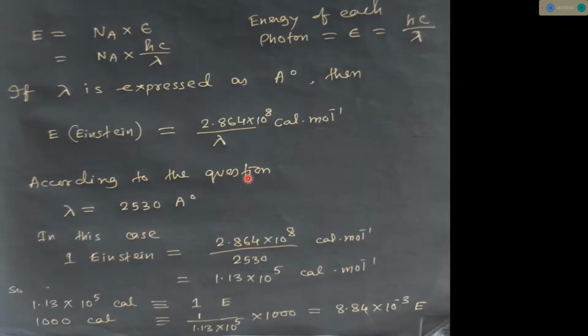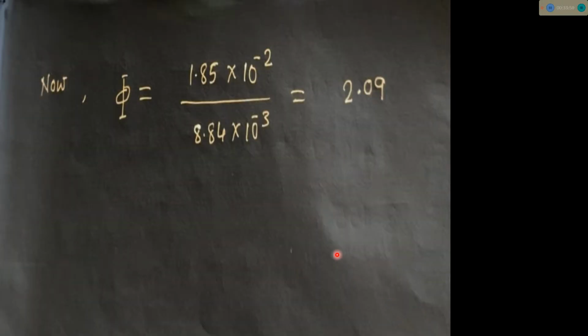From this calculation we found that this much Einstein is absorbed, since 1000 calorie energy is equivalent to 8.84 into 10 to the power minus 3 Einstein. We put this Einstein in the expression and it becomes 2.09. So the quantum efficiency for this reaction is 2.09.